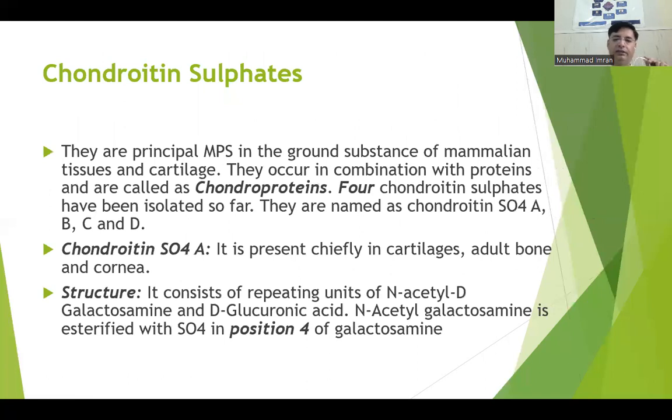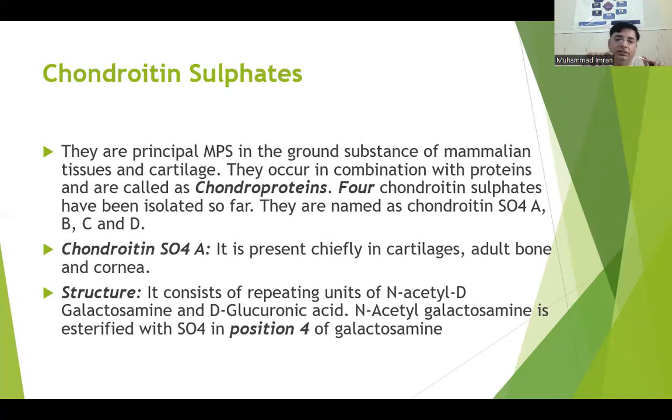Then we have chondroitin sulfate. We have already studied chondroitin, but chondroitin is mostly present in chondroproteins, meaning proteins which mostly make cartilage. There are 4 types of chondroitin sulfate. Type A is present chiefly in cartilage, adult bone and cartilage.